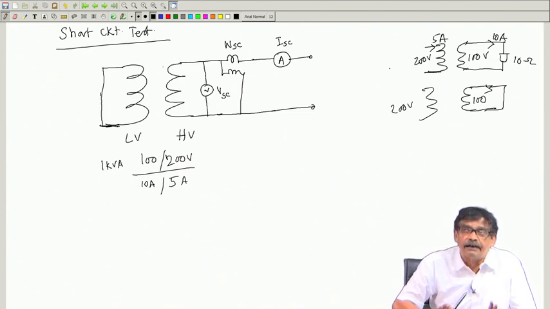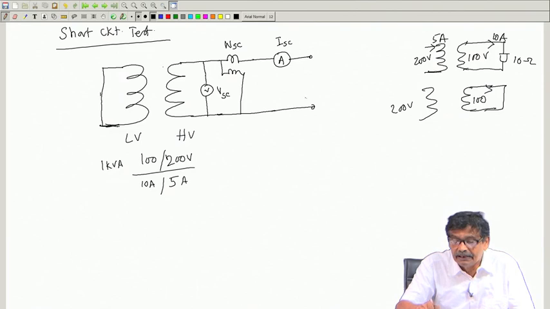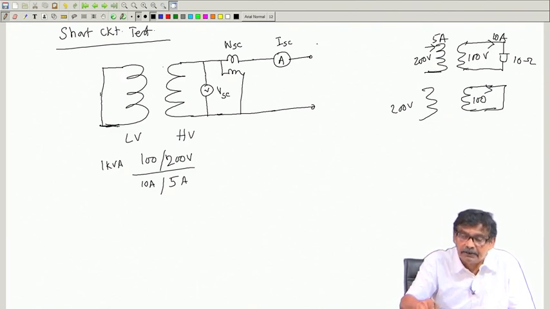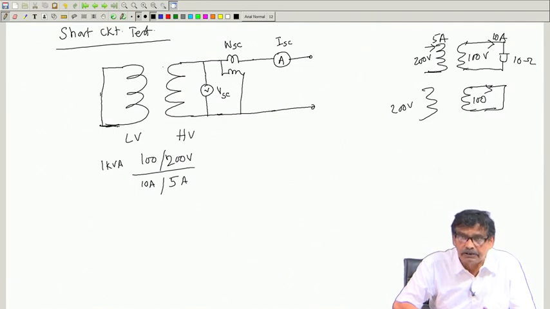I hope you have got the answer. I can only say this much, that I should not apply a voltage across the HV side which will cause the current drawn from the supply to exceed its rated current of 10 ampere.